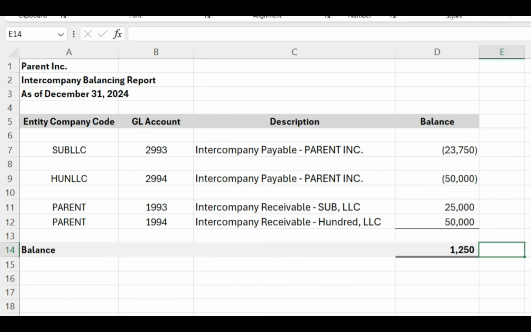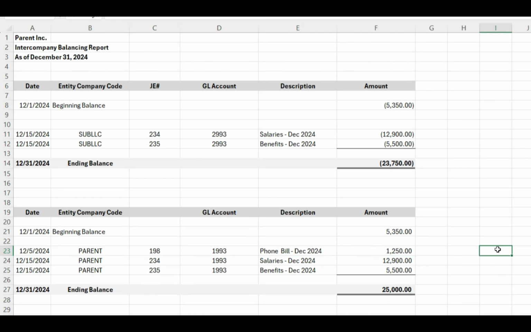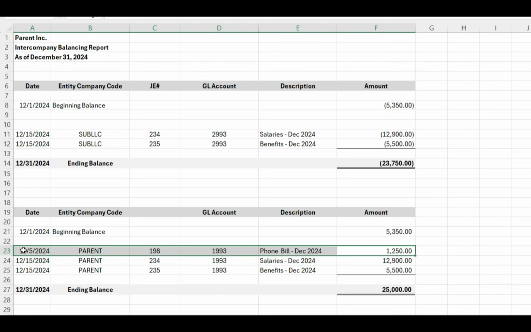So the intercompany balancing report will help you identify if there's something out of balance, and then if you see something out of balance, as we have in this example here, we're going to run the detailed GL to see what is missing. In this very simple example, we have a transaction that's on the parent, but the other side of the entry is not on the sub LLC.